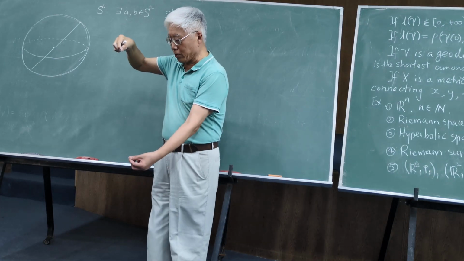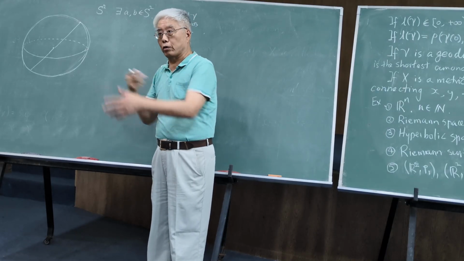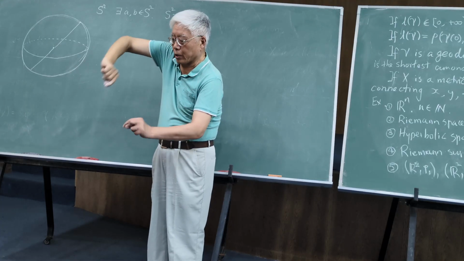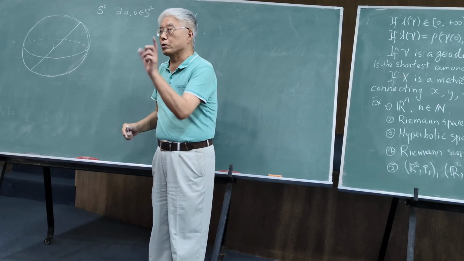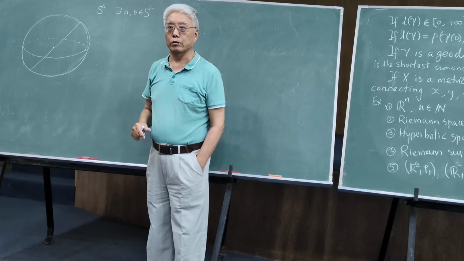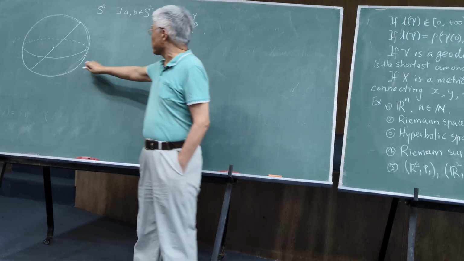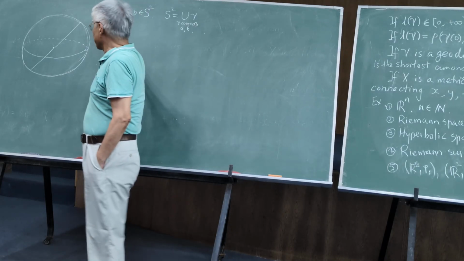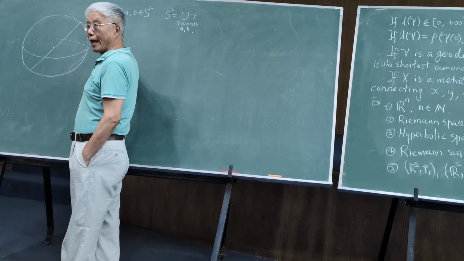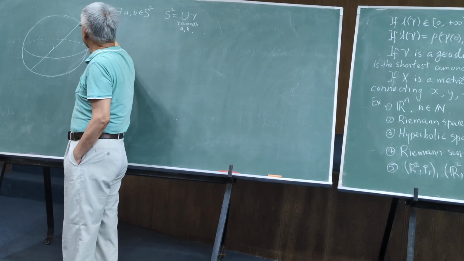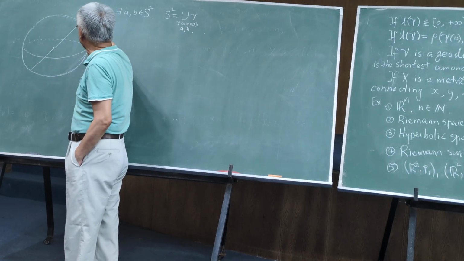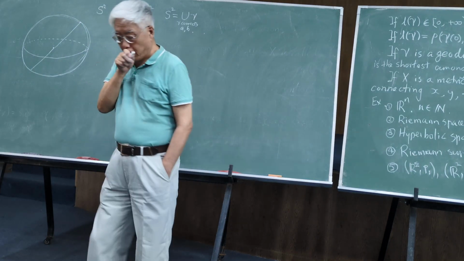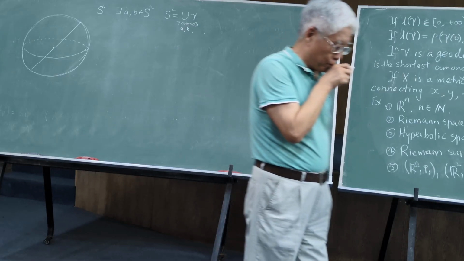If you take the two endpoints of any diameter, then take all the geodesics connecting these two points, which are essentially the semicircles rotated by 2 pi, they sweep through every point of the sphere. The proof is very simple. Any point in this lies on a geodesic connecting these two. So this space has this property.